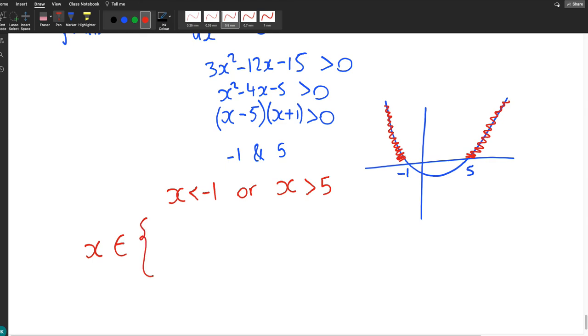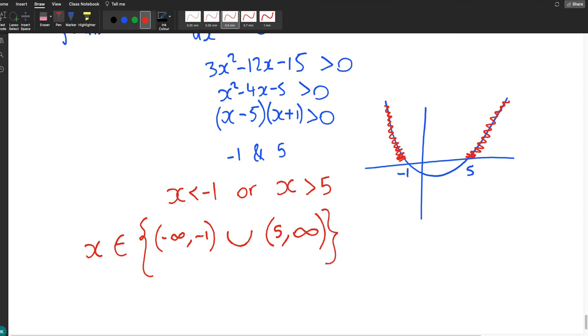So it's going to be minus infinity all the way up to, but not including, minus 1. Or we use the union symbol from 5, remember not including, so we use a round bracket, all the way up to positive infinity.